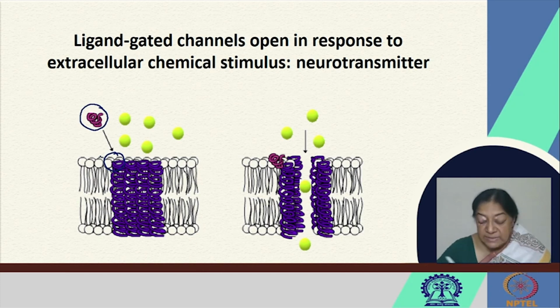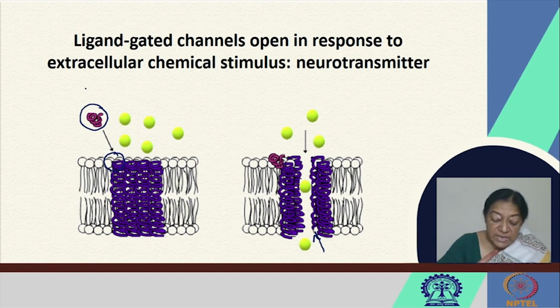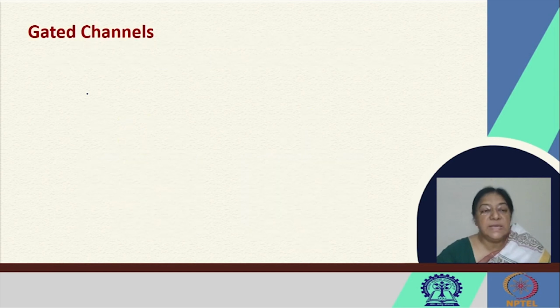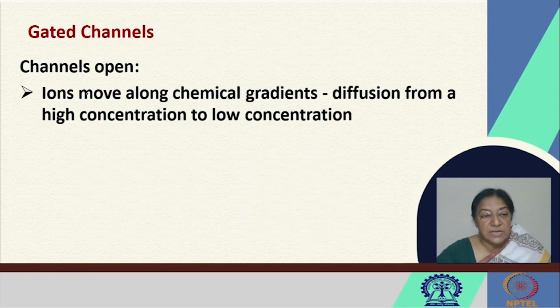Before this binds, these molecules are not able to transfer through the membrane, but on binding, this opens up the gate and allows the transfer through the gate. So this is a ligand gated channel that opens up only when the ligand is bound to the transmembrane helical protein.